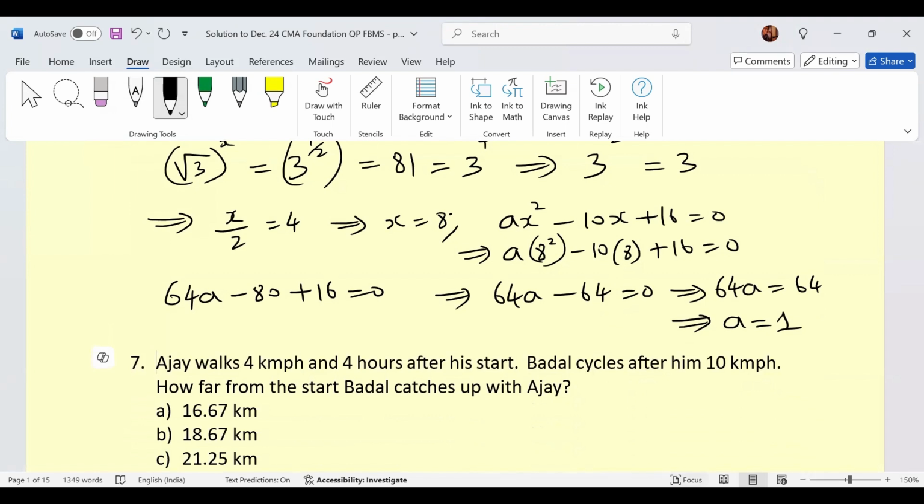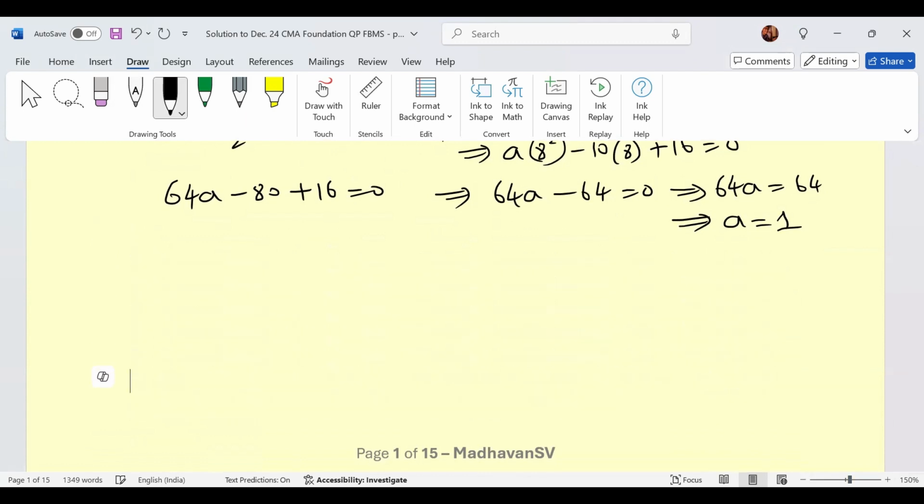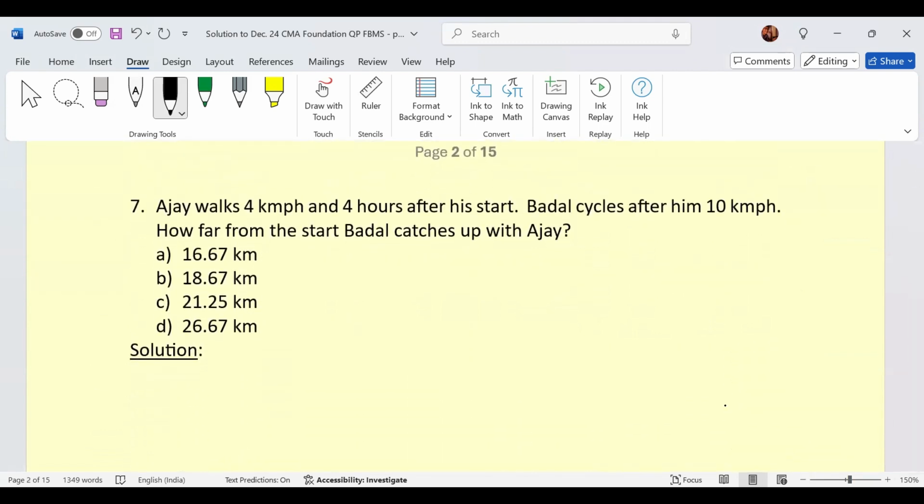Ajay walks 4 km per hour and 4 hours after his start, Badal cycles after him at 10 km per hour. How far from the start does Badal catch up with Ajay? So here we have been provided with the speed as well as the time.